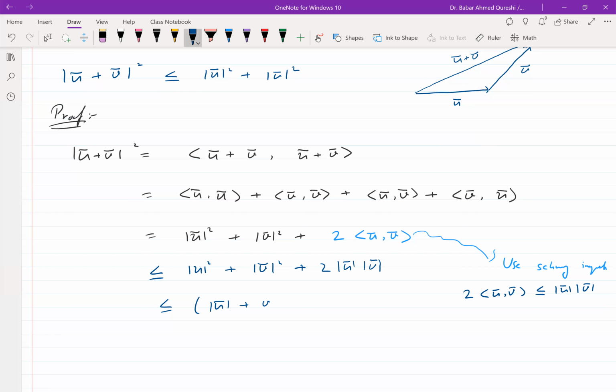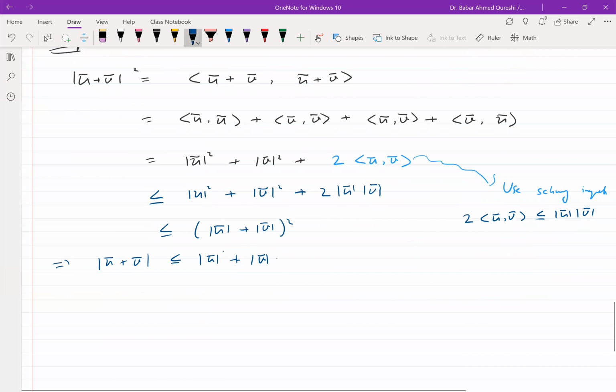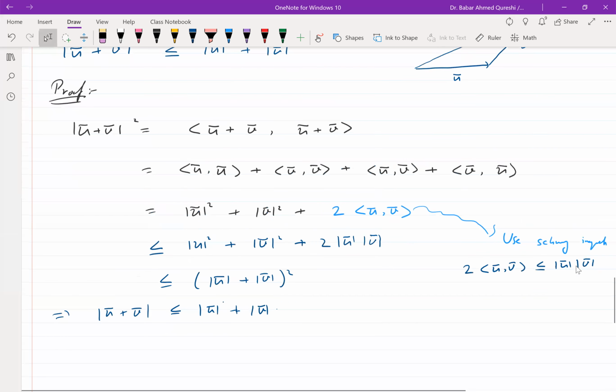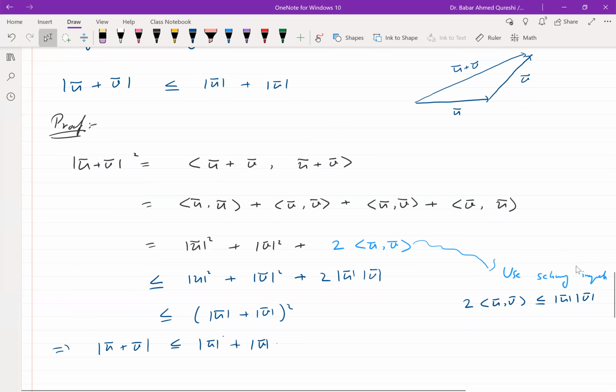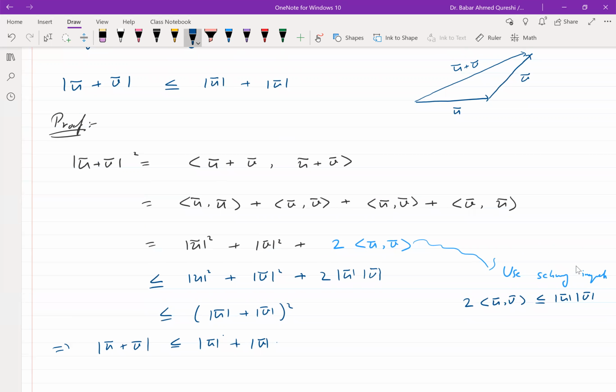This just becomes a whole square, which means their length sum is more than this sum.